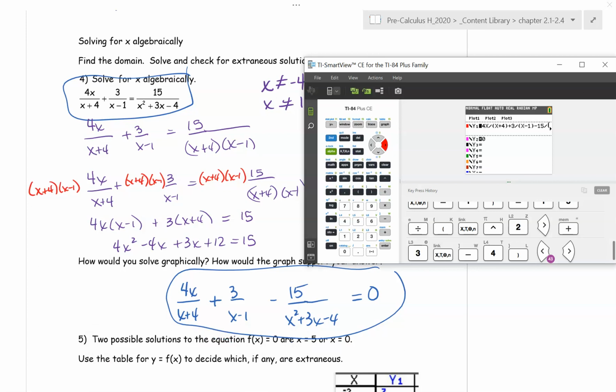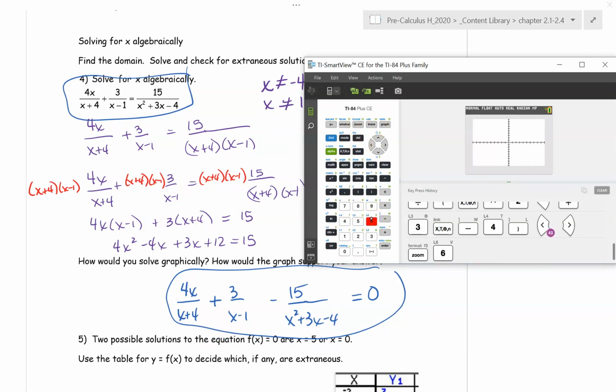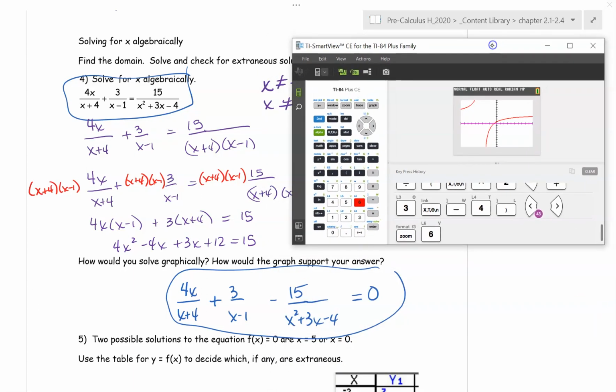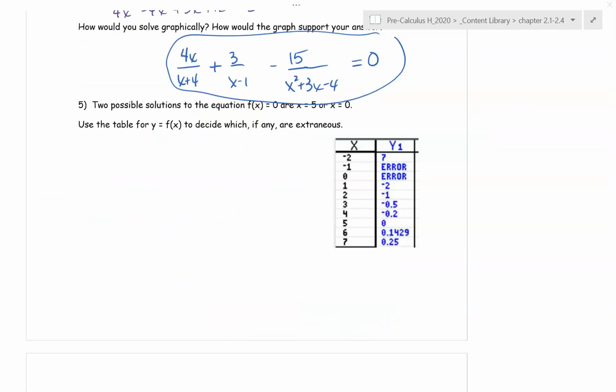And if you take a look, if I wanted to solve this graphically, notice that negative 3/4 was an answer, but 1 was not, because you were looking at where this graph touches the x-axis. So there you go. You could look at this graphically. For the next example, we are going to consider a numerical method here. So notice we're going to look at a table.